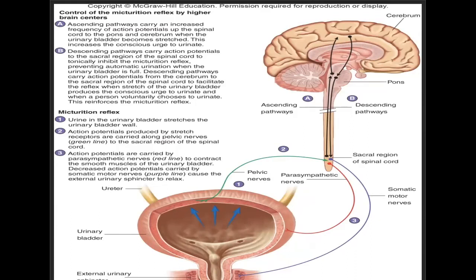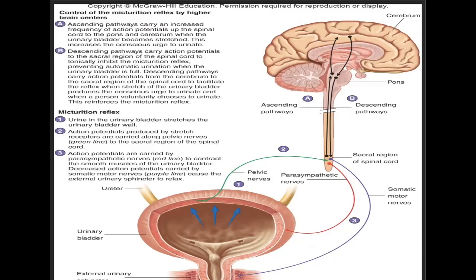Now, parasympathetic action potentials cause the bladder to actually contract. Now, stretching of the bladder stimulates the sensory neuron to inform the brain and the person that we need to pee, or we need to urinate, or we need to micturate.